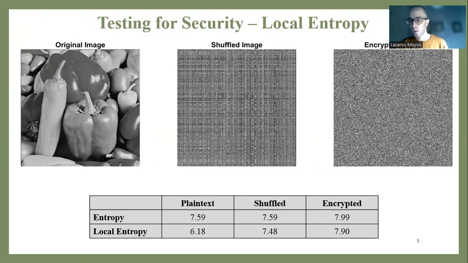Of course, as in all situations, the local entropy, pretty much like the original entropy, on the encrypted image is the highest of all. And this actually tells us that there is a different distribution of entropy throughout the whole shuffled image. So different sub-blocks of the image have different entropy values. Potentially here we can also take the correlation or the covariance between the different entropies of the sub-blocks.